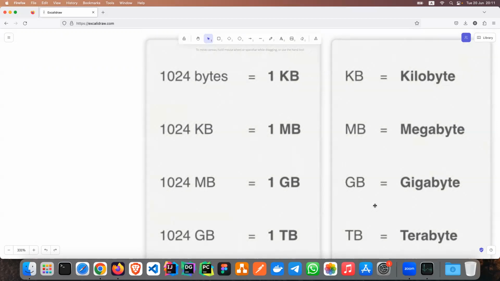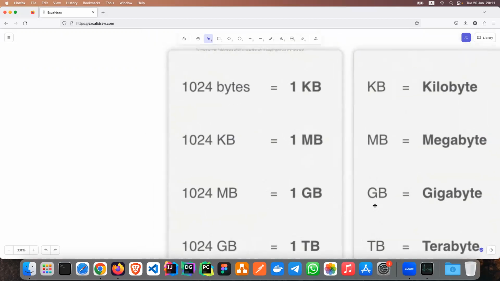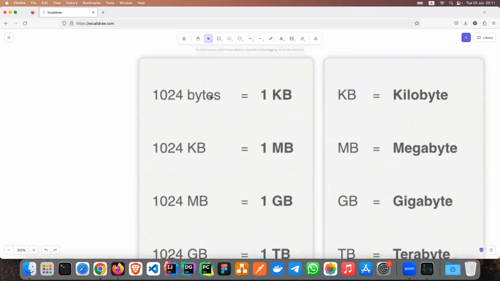Because of this base 2 system, I always have some power of 2.